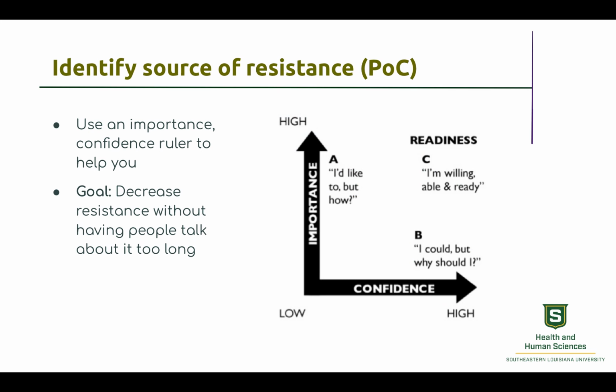So with the identify source of resistance, we're looking in terms of the confidence one has in making changes and trying to align it with the importance placed on getting those changes made, with the goal being to decrease the resistance that people have towards getting things to change, because they don't want it to be, oh, this is taking too long. They want it to be like, oh, I'm ready, I'm willing, I'm ready to get this to change. We want people to be at sea.